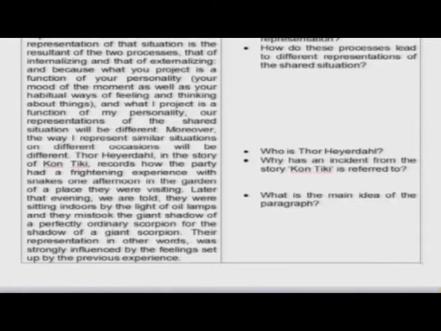Their representation, in other words, was strongly influenced by the feelings set up by the previous experience. Now, let us try to analyze this text and understand it.